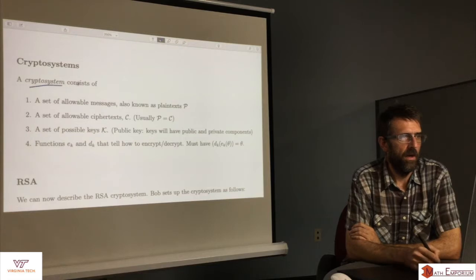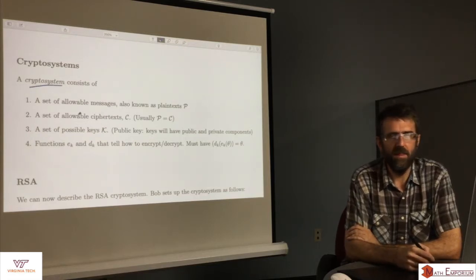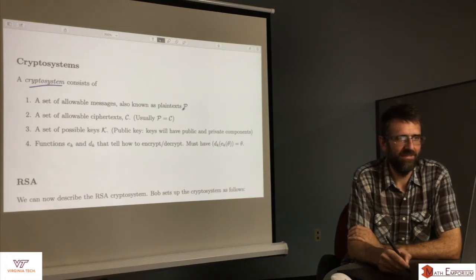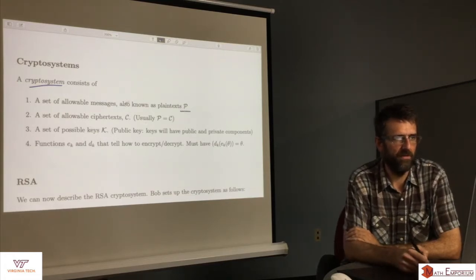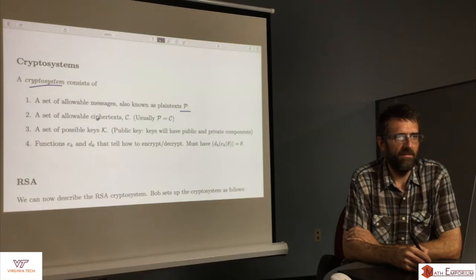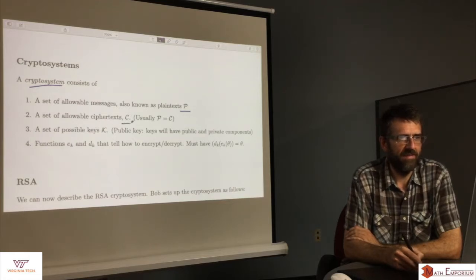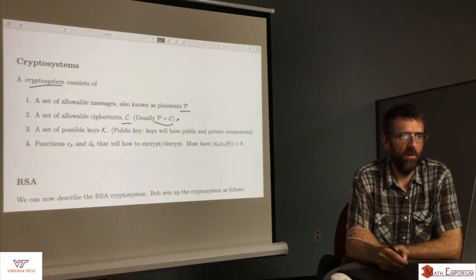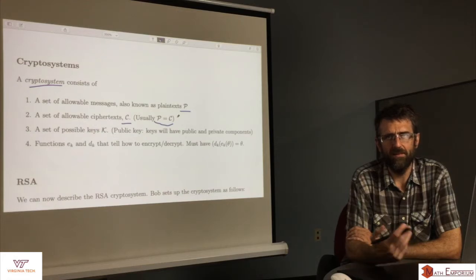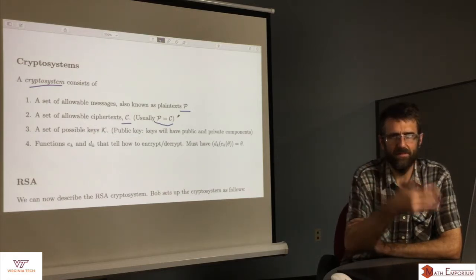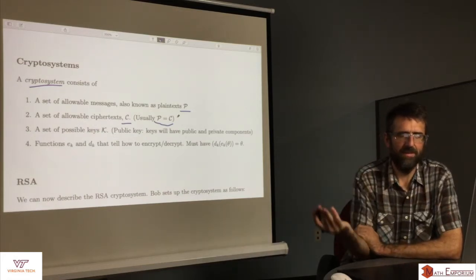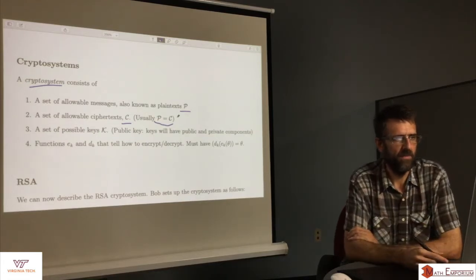In a cryptosystem, we have a set of allowable messages, also known as plaintext. I use script P for that. A set of allowable ciphertext C. Almost always P and C are the same sets, so anything that's a plaintext could be a ciphertext and vice versa.